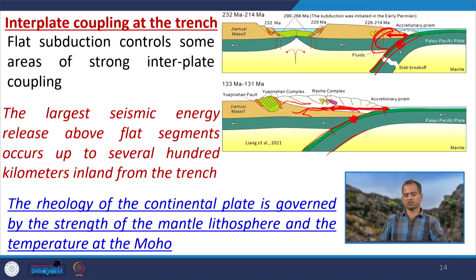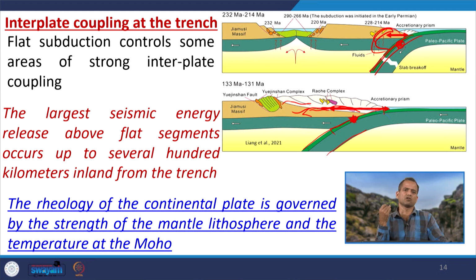The rheology of this continental plate is governed by the strength of the mantle lithosphere and the temperature at the Moho. If the temperature at the Moho is high, generally the lithosphere is weak.